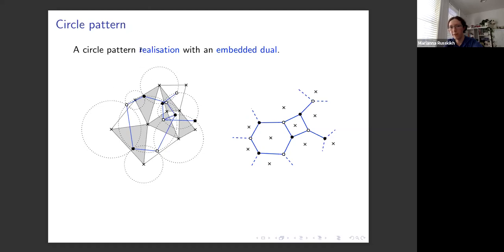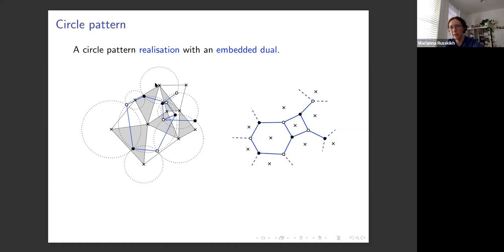So what do I mean by realization? Note that for each face of the planar bipartite graph, all vertices of this face indeed lie on the same circle. However, some edges of our planar bipartite graph intersect in this circle pattern realization. So this is not an embedding, right? A proper embedding is one where you can draw it in such a way that edges do not intersect. Here they do intersect, these edges that correspond to these two.